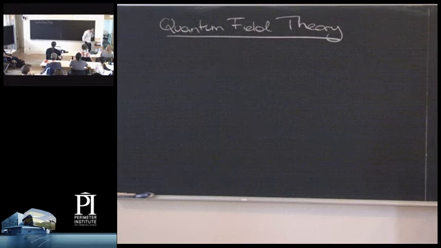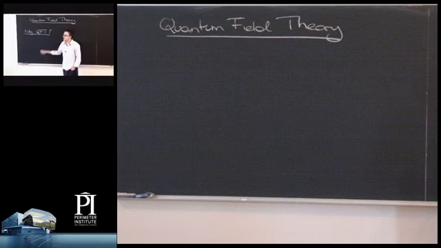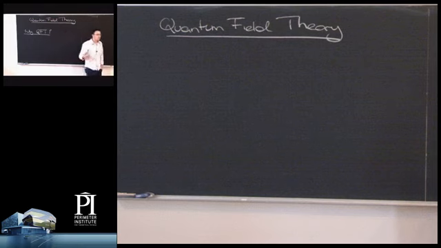Good. So let me start by telling you why this is the right way of thinking. So why quantum field theory? There's a bunch of different answers to this. Firstly, there's a zeroth order answer, which is for the same reason that people introduced fields in classical physics. And that's because of locality.